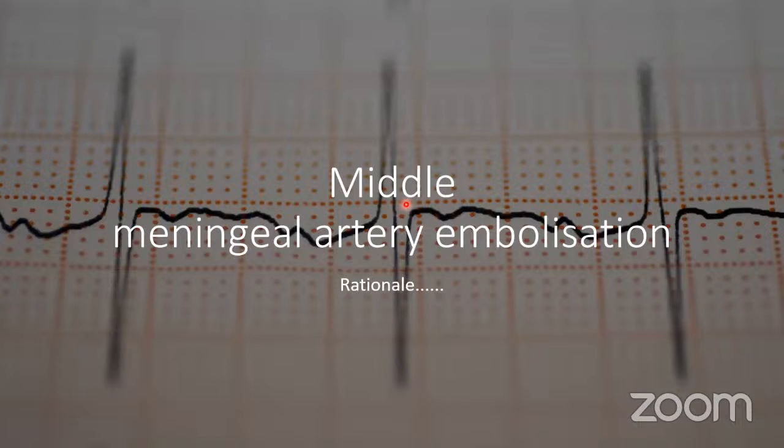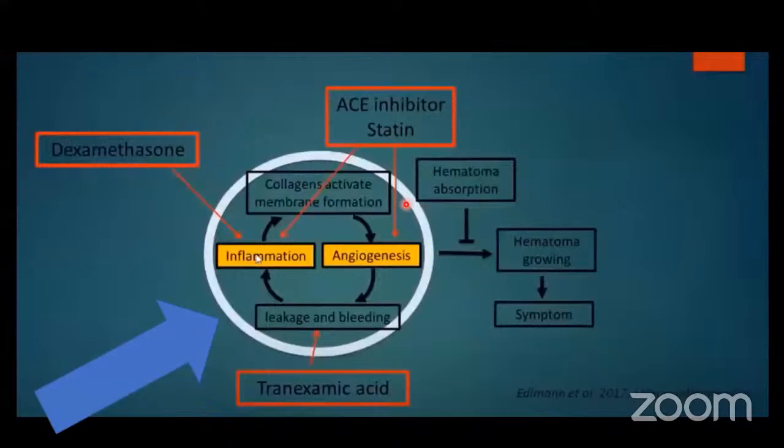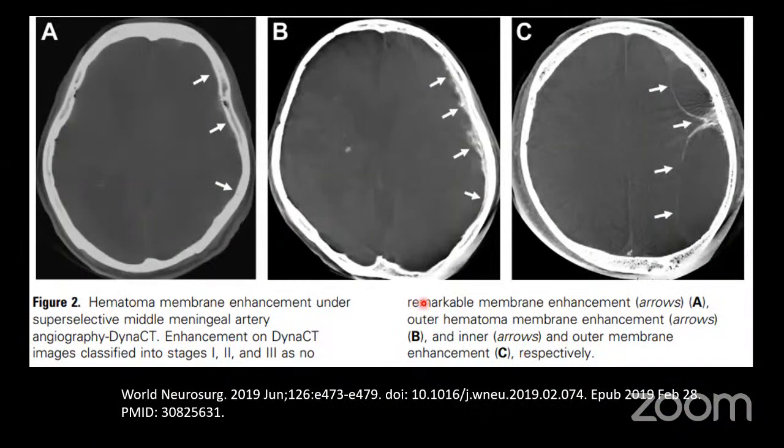And coming to the middle meningeal artery embolization, initially the rationale. The main rationale is that we are dealing directly with the inflammatory process of the chronic subdural hemorrhage by minimizing the blood supply to that particular area. As we all know, the oozing of blood is the main trigger for the inflammation, which prolongs the cascade.